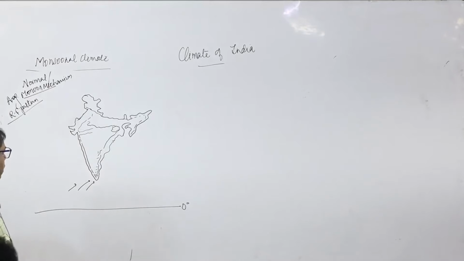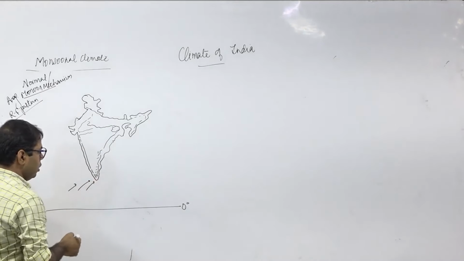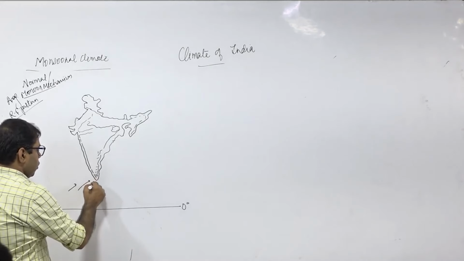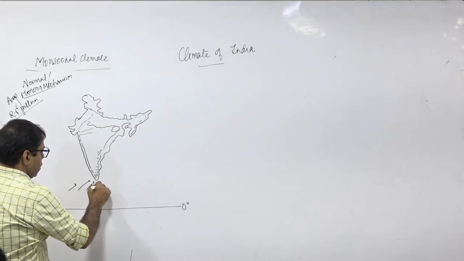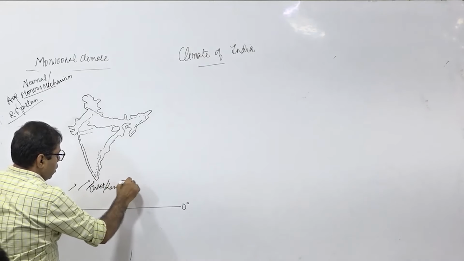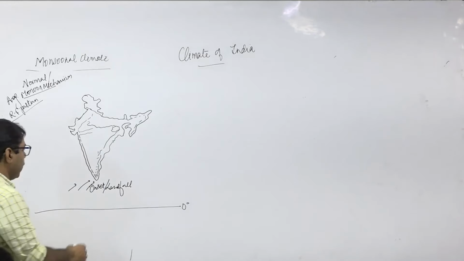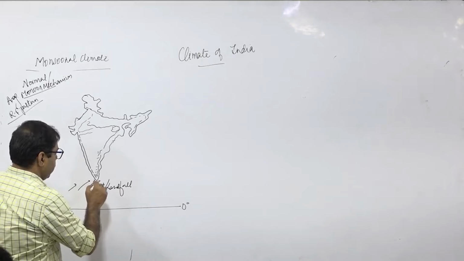Average rainfall pattern. When the monsoon reaches the coast of Kerala, this is called onset of monsoon or landfall of monsoon, right? Landfall of monsoon. In that condition, there is a bifurcation of wind into two branches.